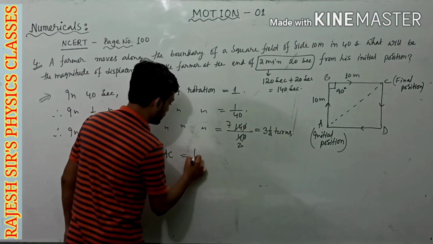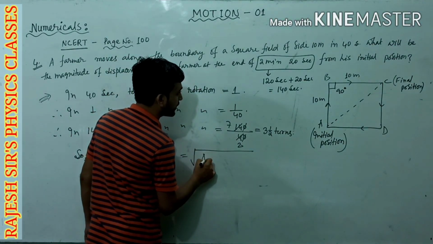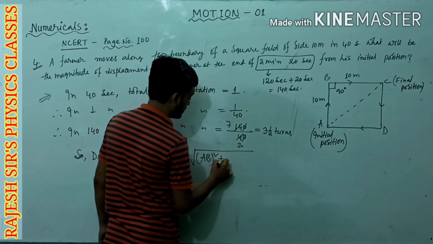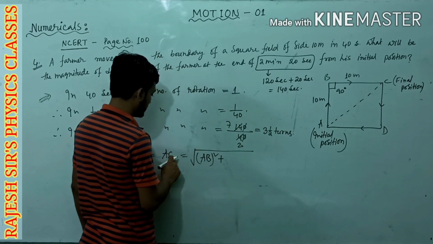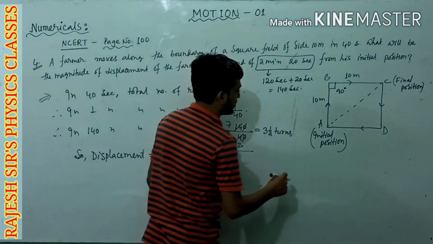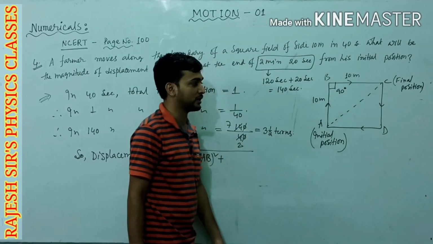If we consider the right angle, for this triangle ABC, AC will be the hypotenuse.